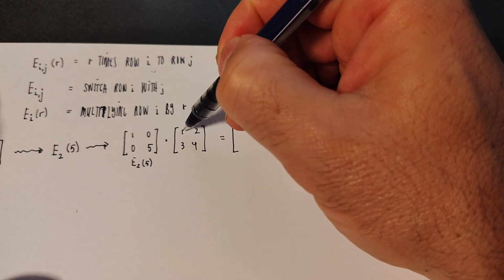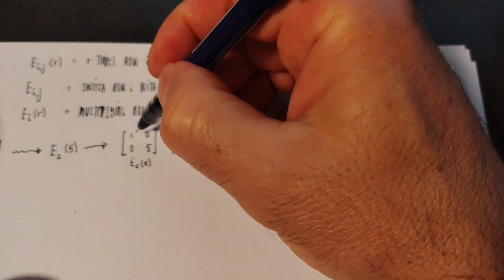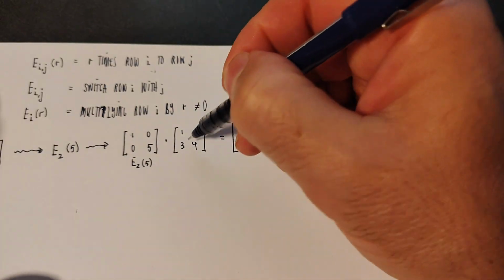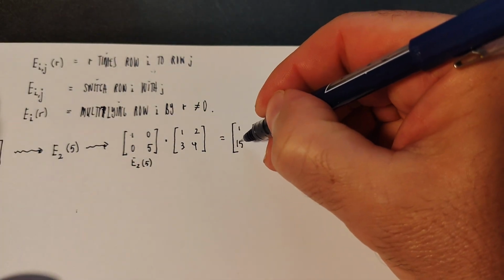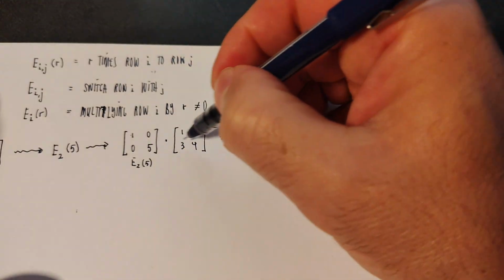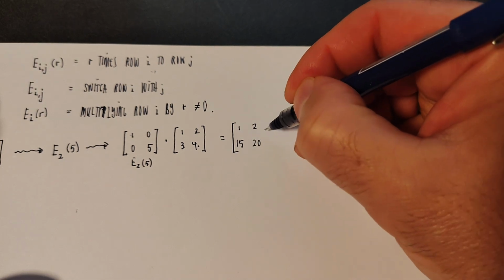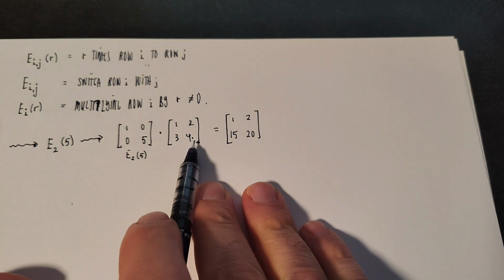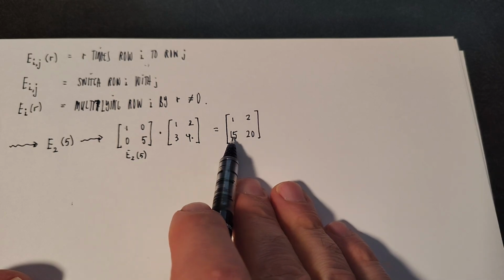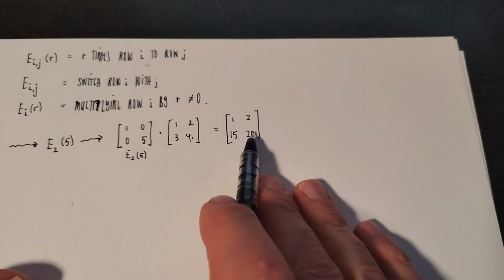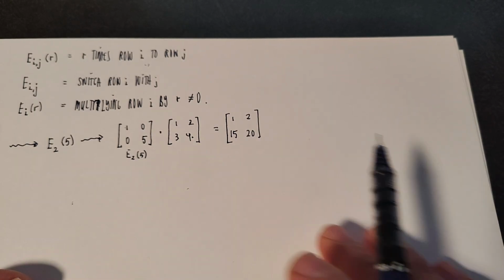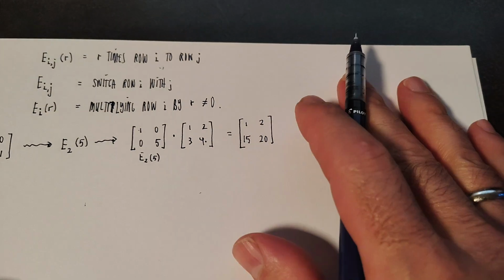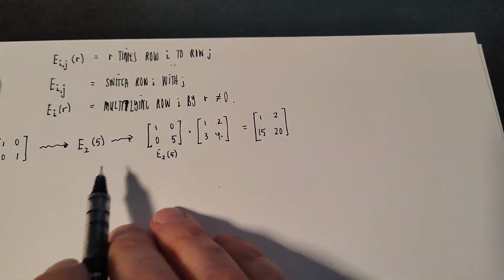So it's 1 plus 0 is 1, 2 plus 0 is 2, 0 plus 15 is 15, and then 0 plus 20 is 20. Does that correspond to multiplying the second row by 5? Yeah, 3 times 5 is 15, 4 times 5 is 20. The first row is left untouched, all right?